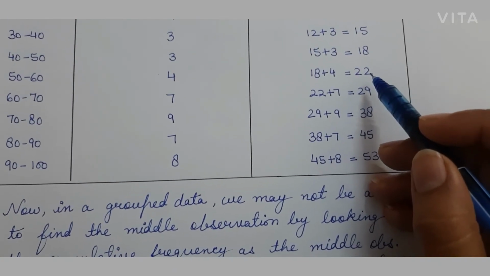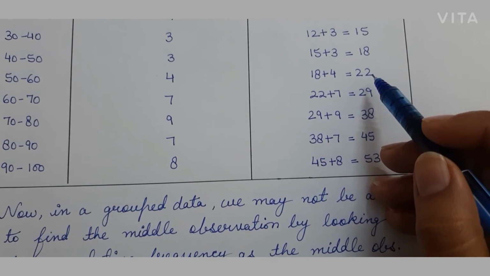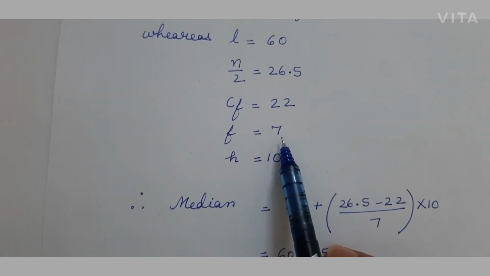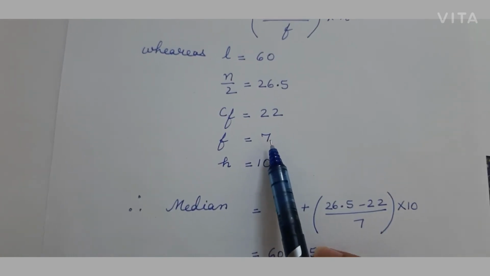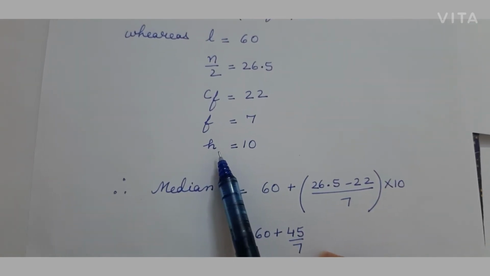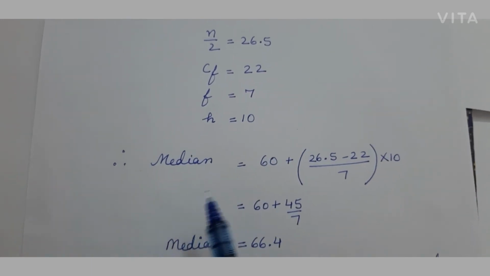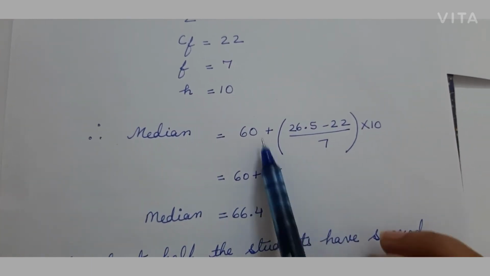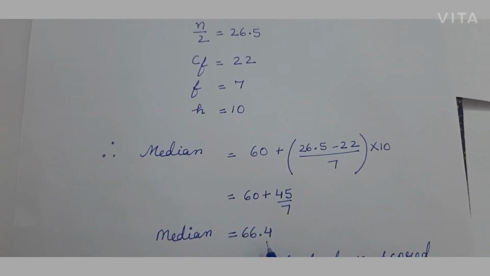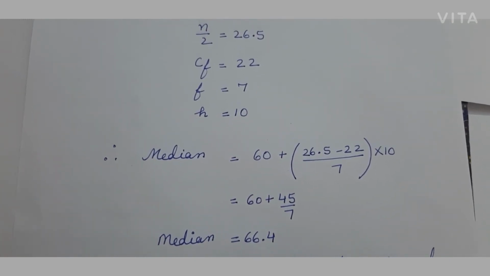So CF will be taken as 22, and the frequency given for the interval 60 to 70 is 7. As we know the class width is 10, putting all these values in the formula, we get median is equal to 66.4.